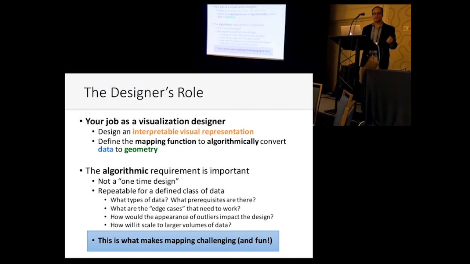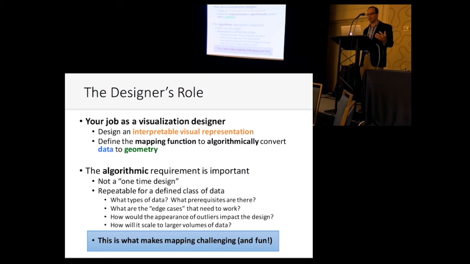And that algorithmic part is really important because we don't want our design to be just a one-time design where we're handcrafting something. We want it to work not just for this data set, but for other data sets like it. Not just for one patient, but for any individual patient. Not just for this population, but for any population. Not just for this cholera outbreak, but for any cholera outbreak. And that can be hard.